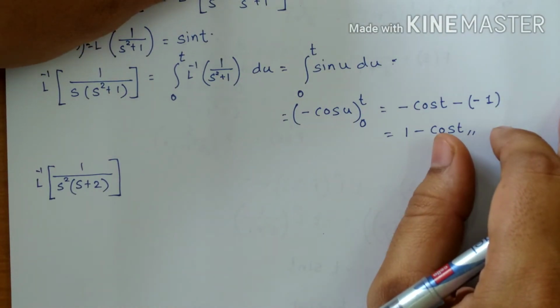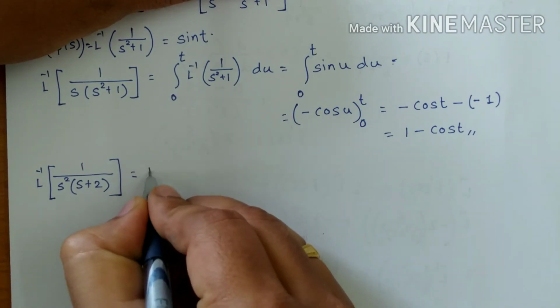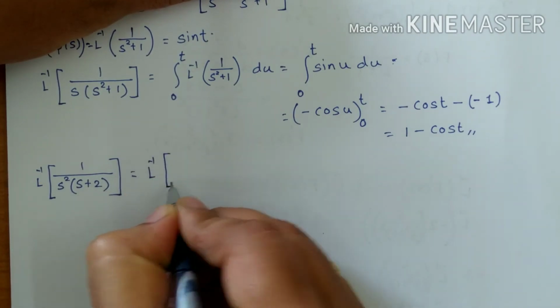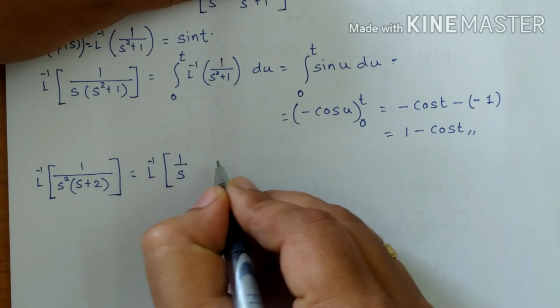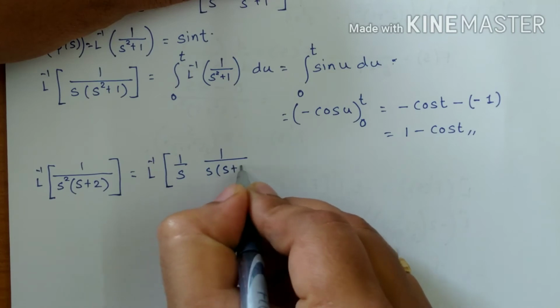Is it? Because both integrations will have the same limit 0 to t, so it would be a little bit of confusion. So what we do is we will split this as L inverse of, I'll take the 1 upon s term outside and the other term I will club with the s plus 2.